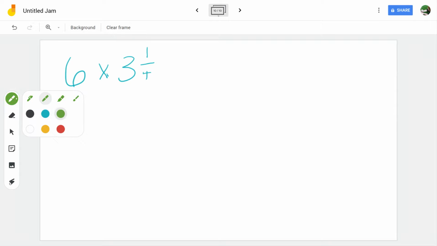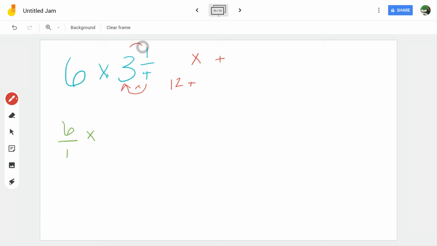We're going to just change that into a fraction. 6 as a fraction is going to be 6 wholes, or 6 ones, times, and now we're going to do our same process of multiply, then add. 4 times 3 is 12, and then 12 plus 1 is 13. So we have 6 ones over 13 fourths. And I'm getting that 4 from there. Remember, keep it as original as you can.